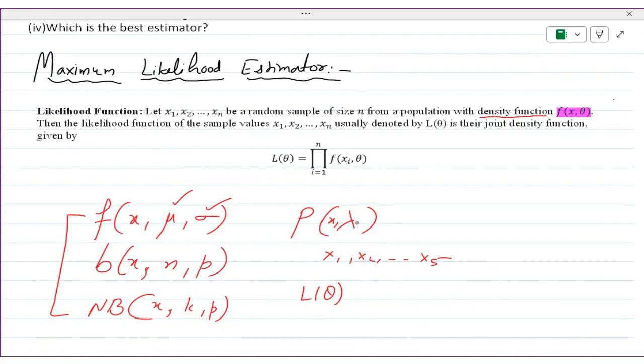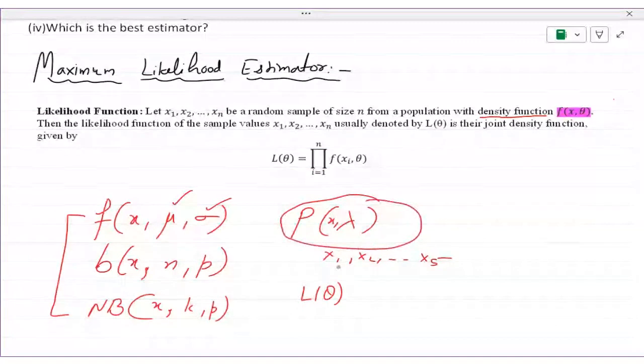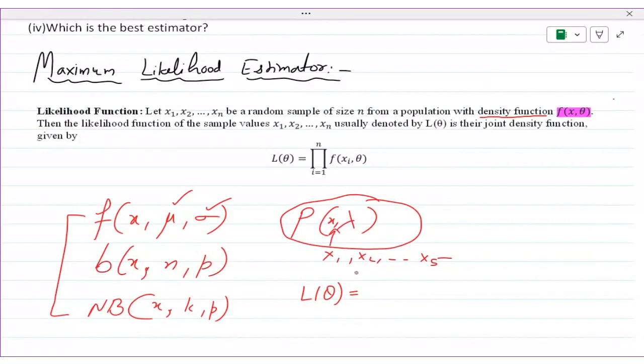Okay, so these are the parameters. If I take some sample, let us say x1, x2, up to x5, I have taken the sample from the Poisson population. Now, what is the meaning of the likelihood function of the sample? In place of x, we will put the sample values.